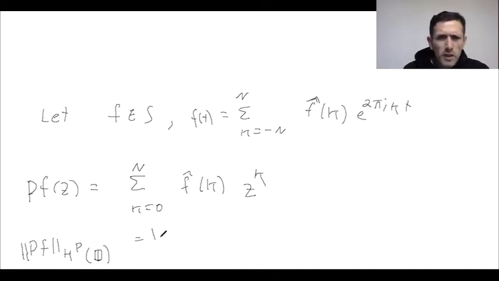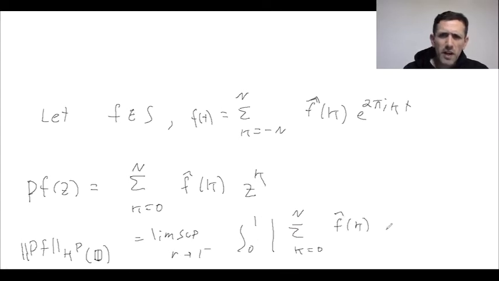So this is going to be lim sup as r goes from 0 to 1 of the integral of the sum, k equals 0 to n, f hat of k r to the k e to the, we'll just write z.